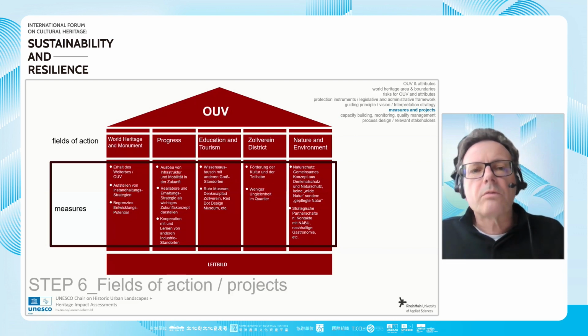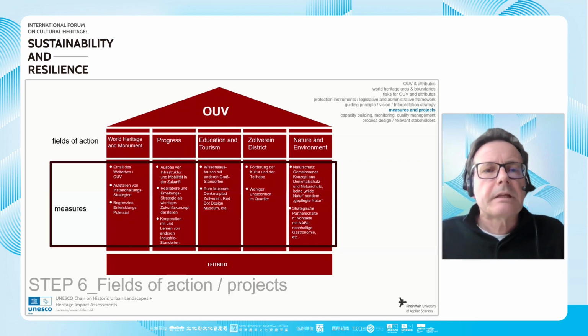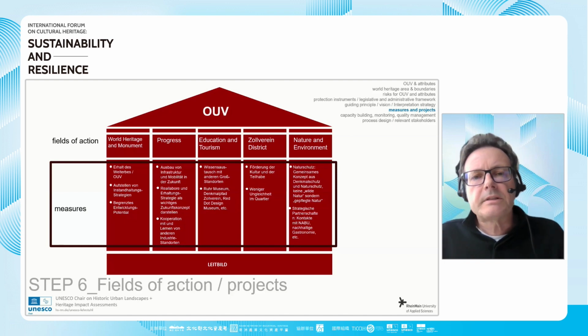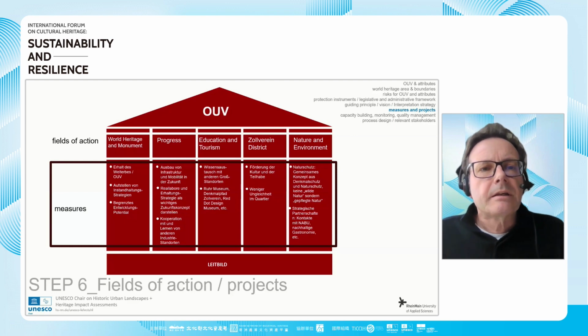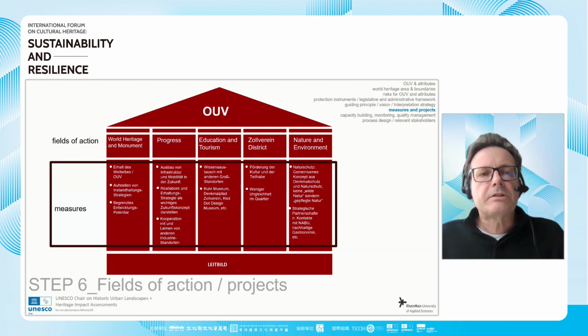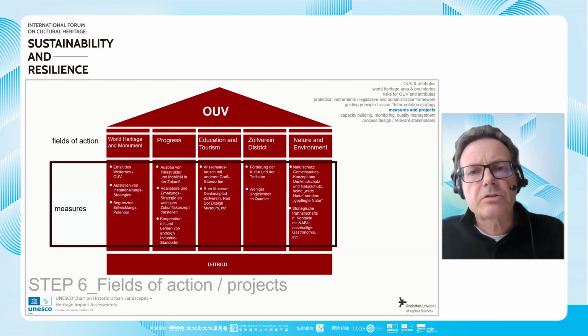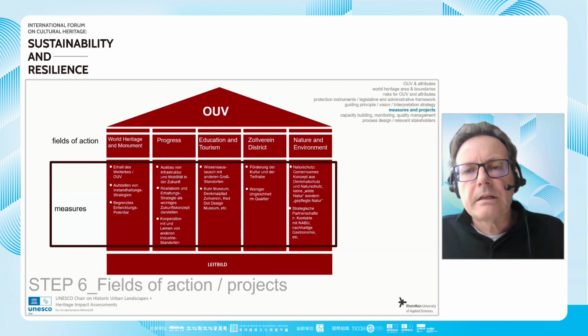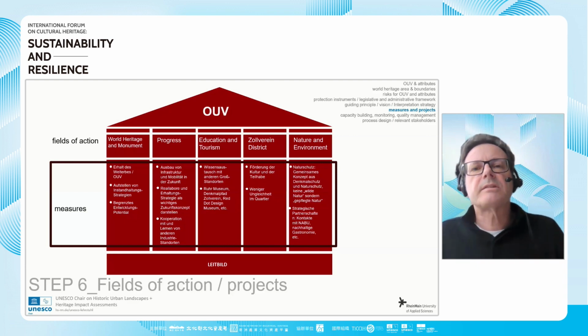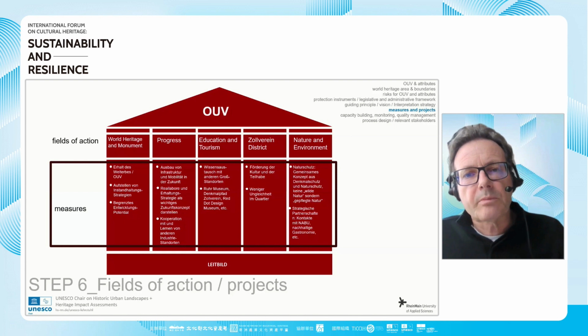Fields of action and hierarchies are now identified, where the future heritage managers can see how they can treat the heritage as a monument, but also integrate planned touristic and educational activities, where the neighborhoods could be integrated better than in the last 20 years. And also the natural environment is an issue in Zollverein because it's such a vast site which cannot be completely redeveloped.